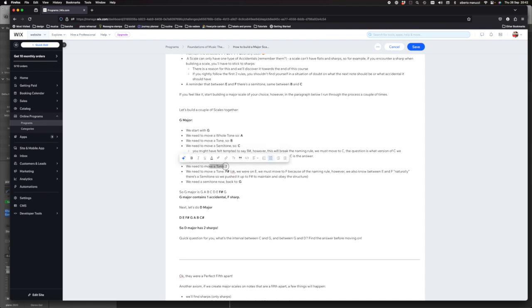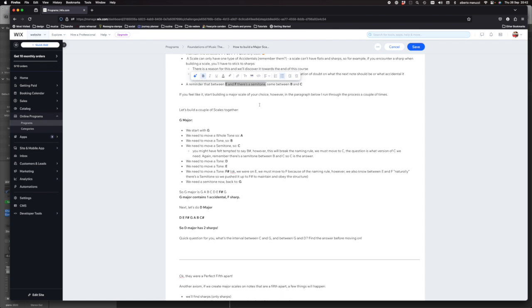We need a tone to the 6th. So D to E is a tone. We need a tone to the 7th degree. We are on E. The next note must be called F, but between E and F there's a semitone.